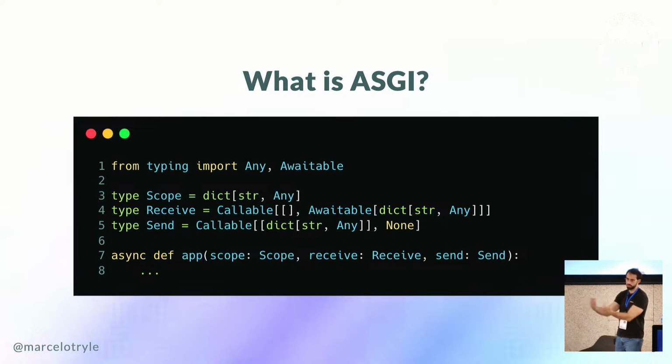So it just works in two ways. You receive and you send, as logical as it might sound. You receive certain information from the server, like, for example, bytes from a body, or if the client disconnected from the server, or the server disconnected from the client. And you send information like the response back, the headers, the body, and all that stuff. The scope has the information about the connection itself. So you get the path, the headers, and all related information that are part of the connection.